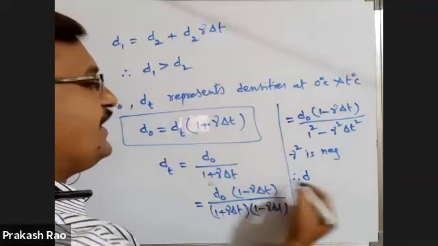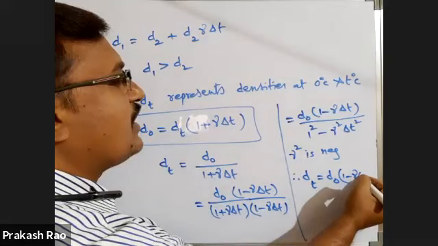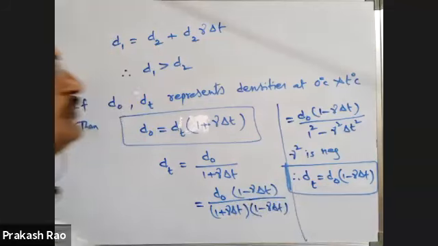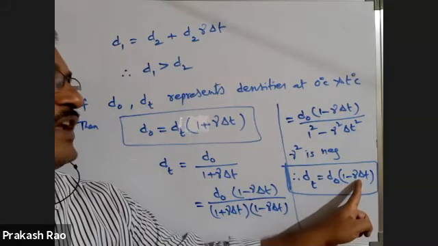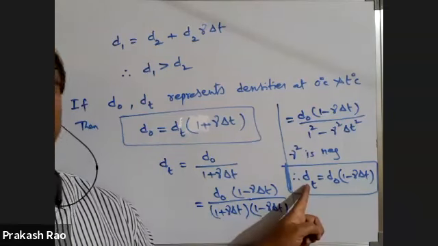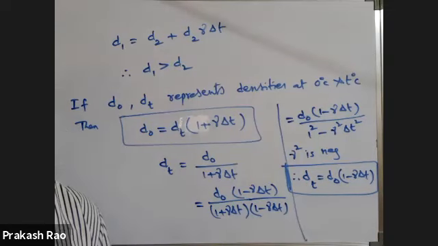Therefore dt is equal to d0 into 1 minus gamma into delta t. This is approximately true. Suppose the density at 0 degree centigrade is given, the coefficient of cubical expansion of the material is given, and the change of temperature is given, then the density at a given temperature can be calculated by using this expression.